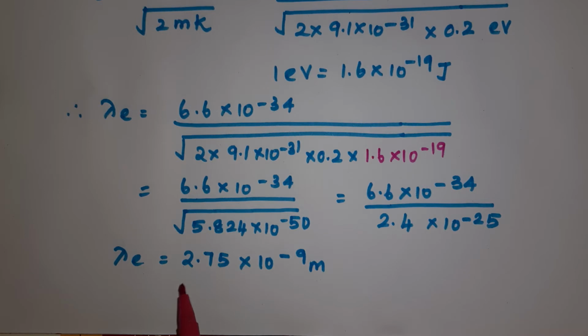According to the rules of rounding off, if the digit to be dropped is 5 or 5 followed by zeros, then the preceding digit is to be raised by 1 if it is an odd number. So we have here lambda E is equal to 2.8 into 10 power of minus 9 meter.